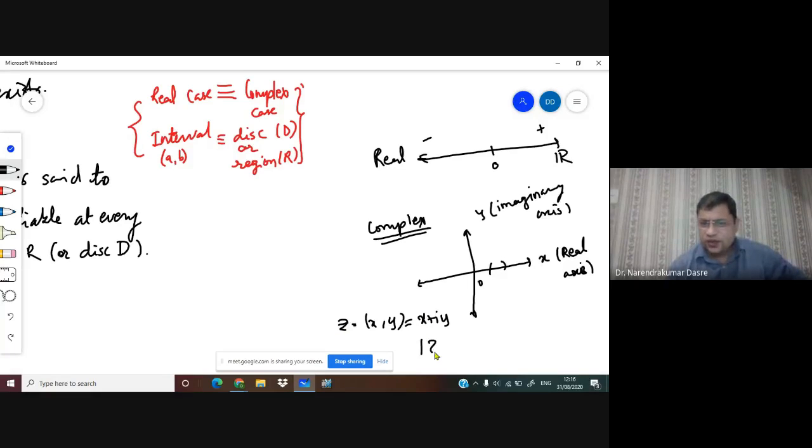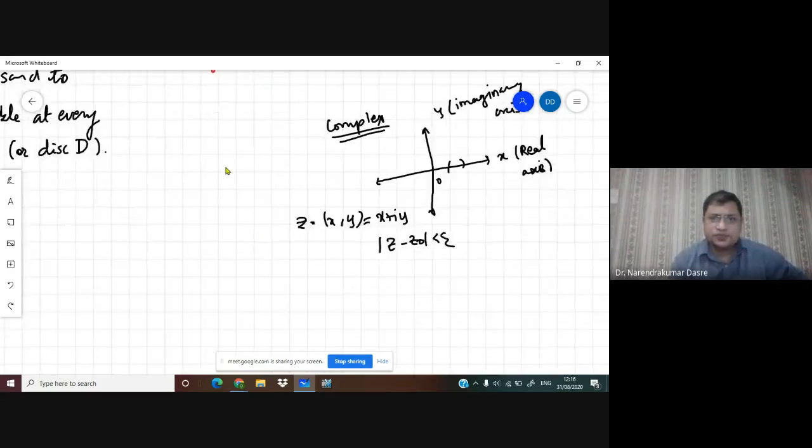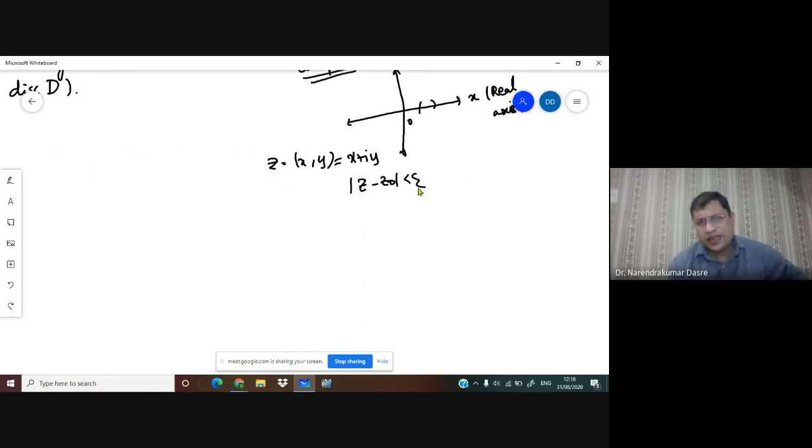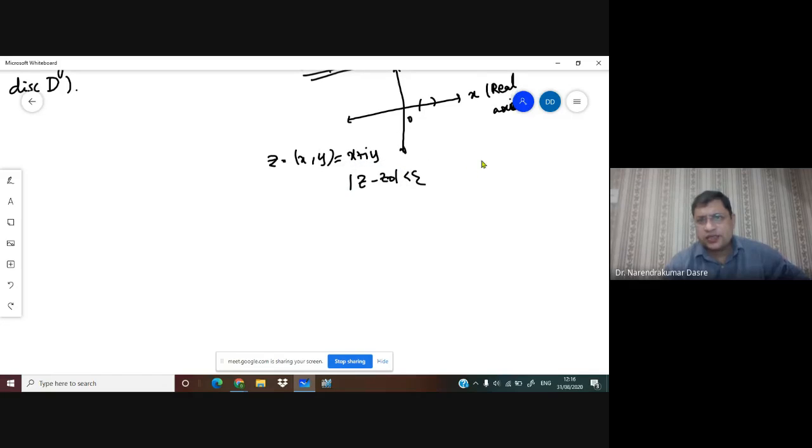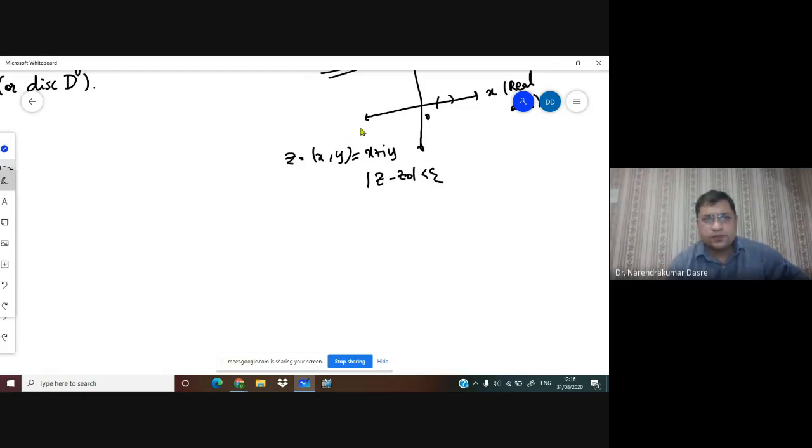So when I have the interval, this is |z minus z0|, and here I want this to be less than epsilon. Precisely, I want the value less than epsilon. So z is equal to x plus iy, and I consider the point z0.